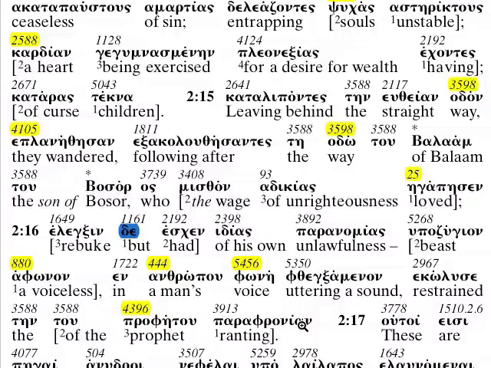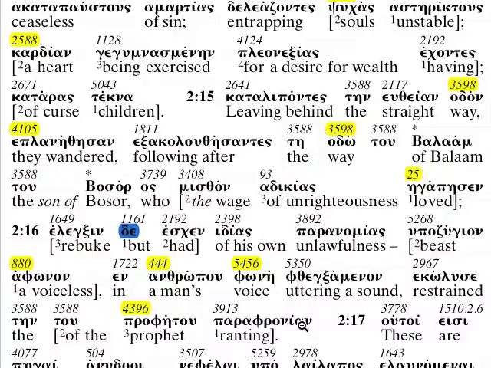A voiceless beast, aphonon: phonon is sound, a telephone is derivative, and with the negative, the opposite, like I mentioned in English, aphonon, voiceless.